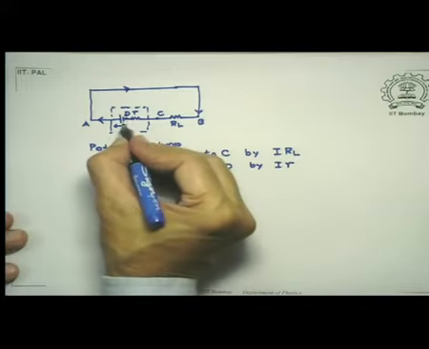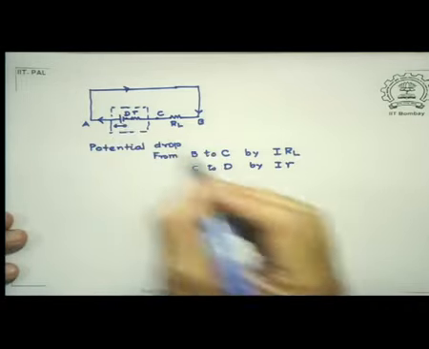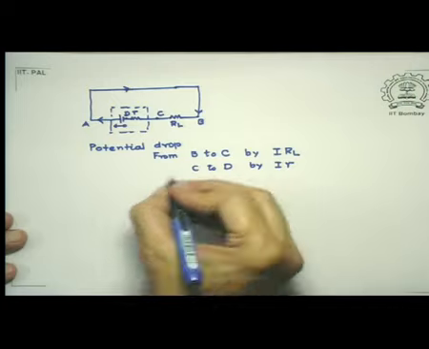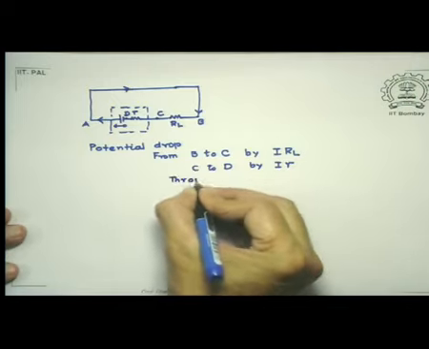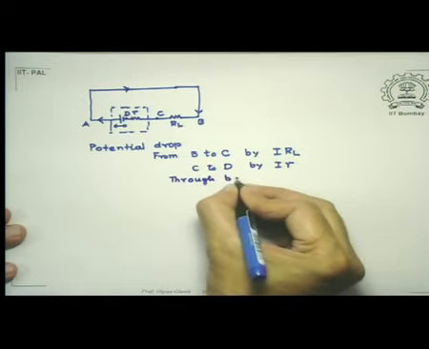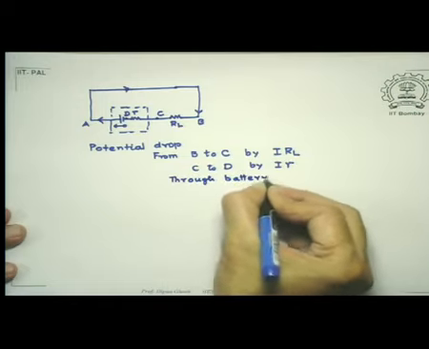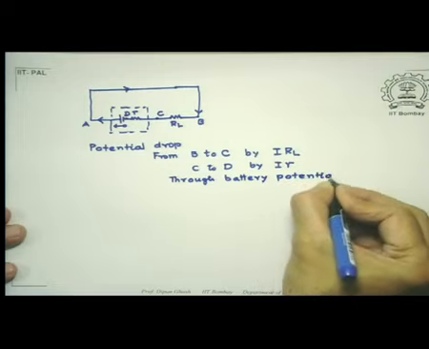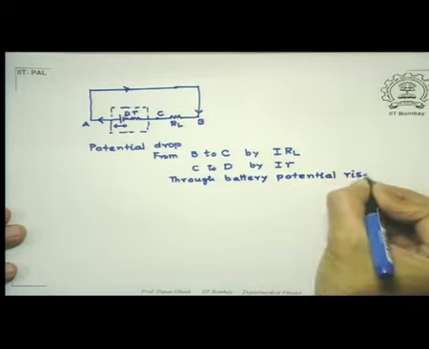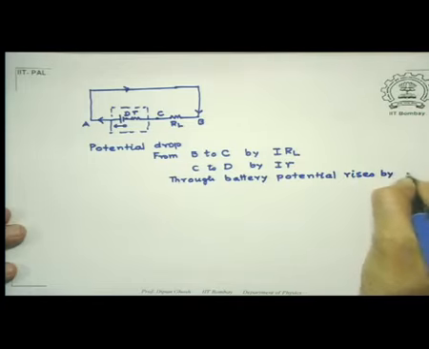And then as I go from the negative terminal of the battery to the positive terminal, through the battery, potential rises by E.